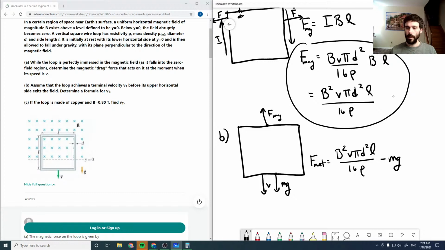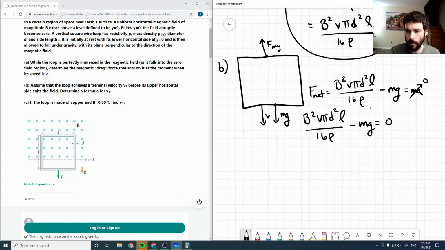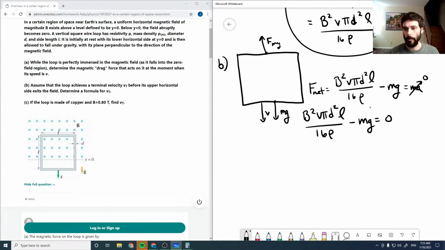And in fact, this equals ma. Our terminal velocity is when ma equals 0. So when B squared v pi d squared L over 16 rho minus mg equals 0, and so we want to solve for our terminal velocity vt.